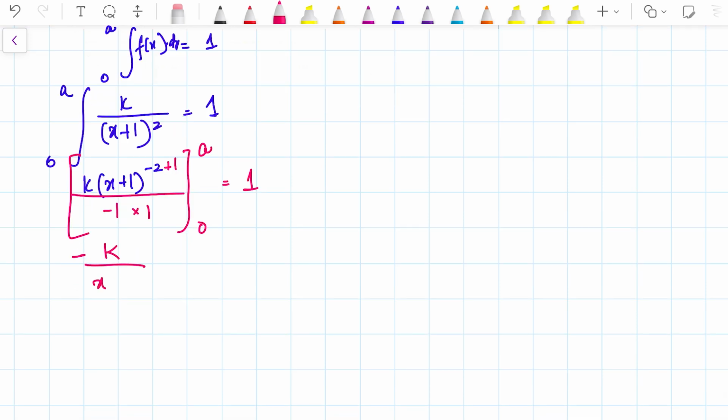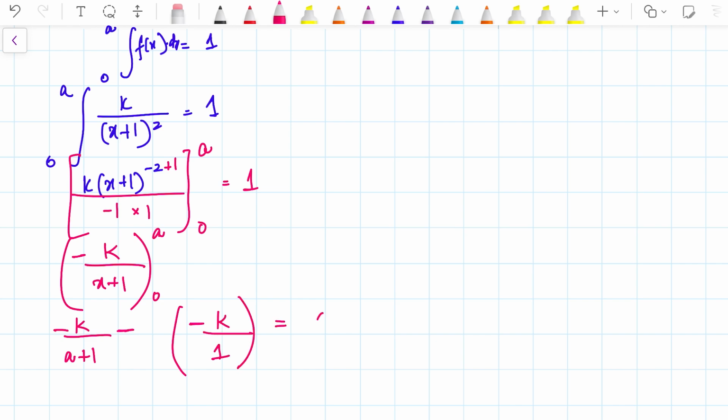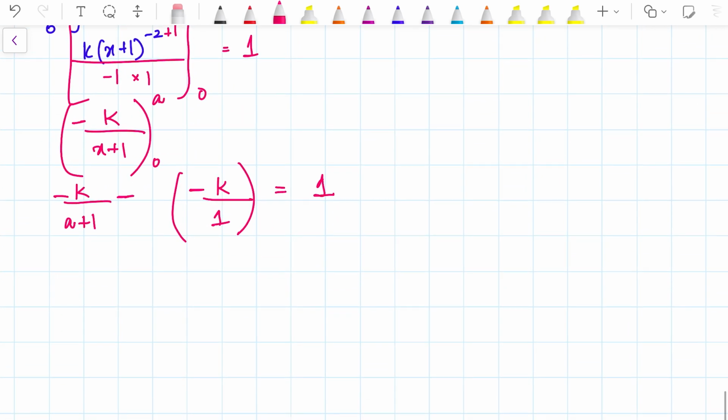Minus k upon x plus 1, from a to 0. Minus k upon a plus 1 plus k upon 0 plus 1 equals 1.